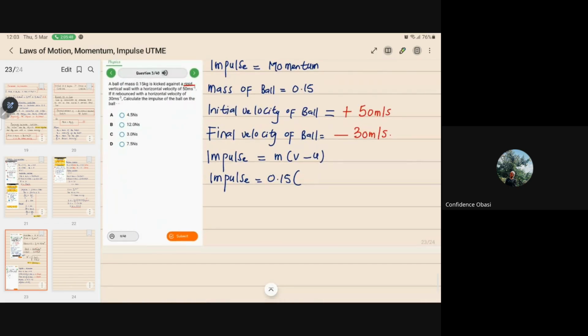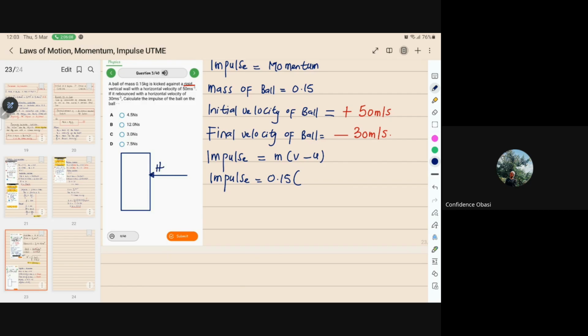So you have plus minus. Do you know why you have that sign? Let's say this is the wall. Direction matters a lot. Now, when it hits the wall this way, the directions are different.